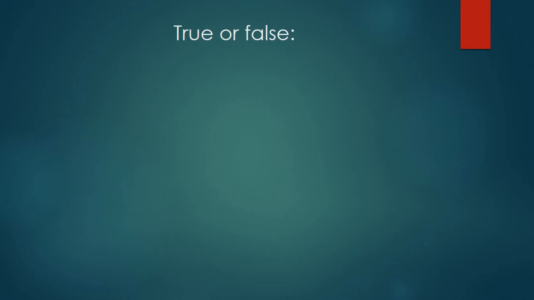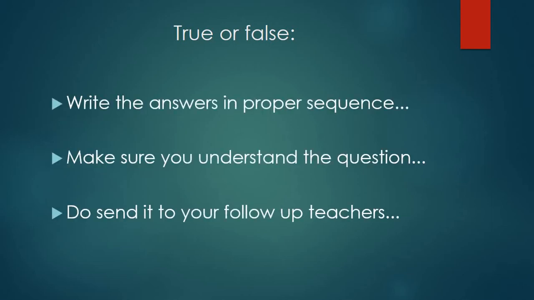Next heading, that is below the revision, you just give the heading true or false. Leaving one line from the revision test, you can give this heading true or false, because this is the first part of your test. Now, a few instructions to give: first, write the answers in the proper sequence.